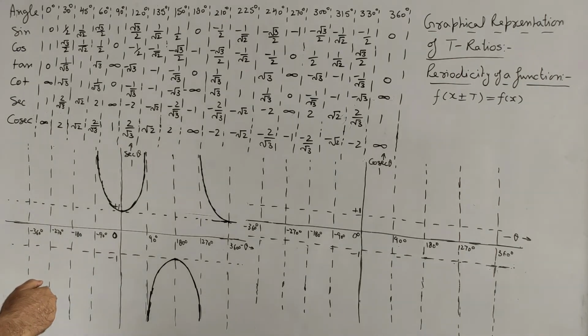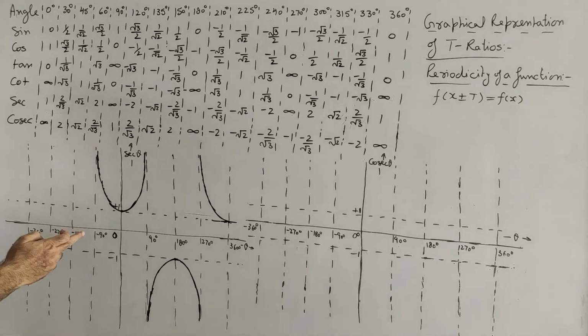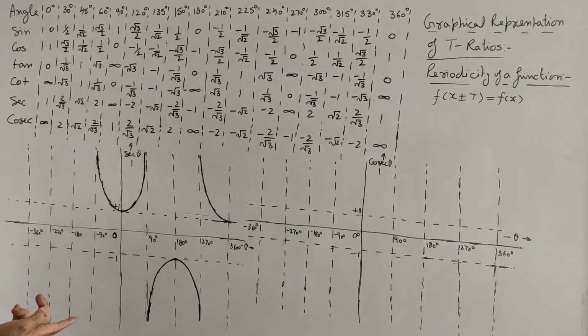Now again from minus 90 to minus 270, in the same manner as from 90 to 270, because minus 90 to minus 180 will be the third quadrant, and minus 180 to minus 270 will be the second quadrant, and in both these quadrants sec theta will be negative. So the value of sec theta here will vary this way.